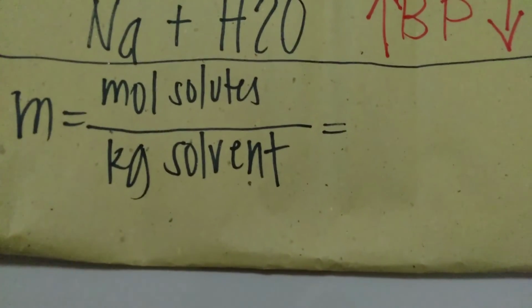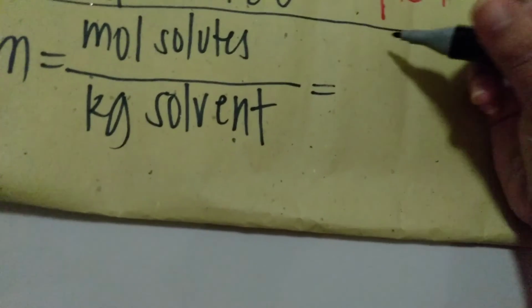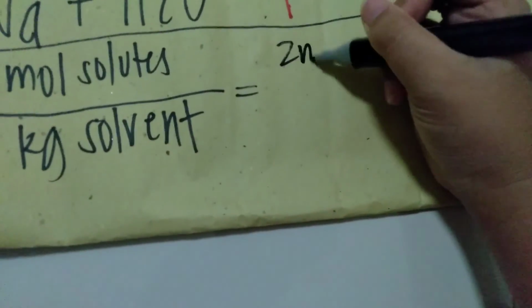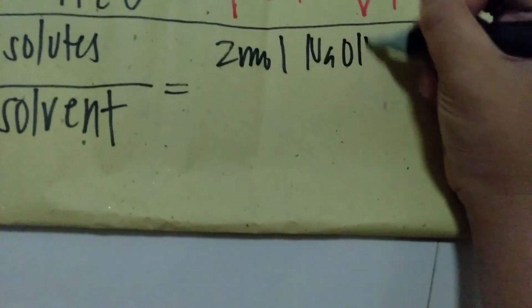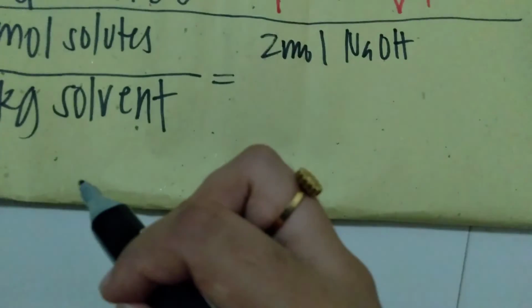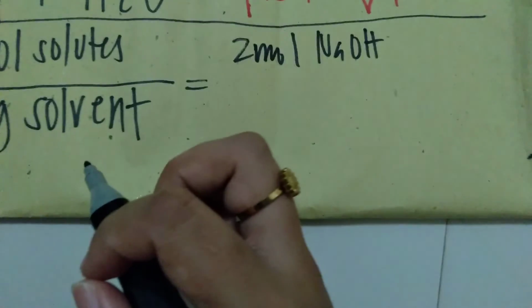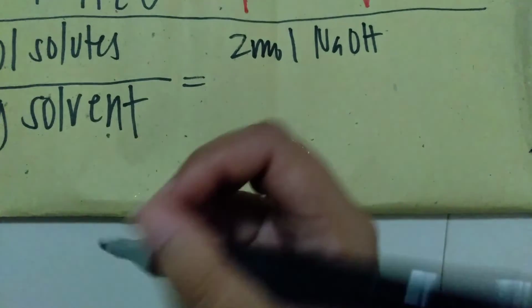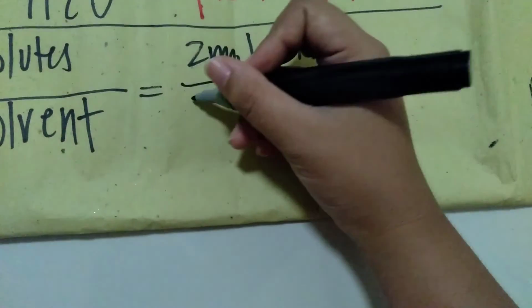To get the molality, the moles of solute is 2 moles, and our solvent is in grams, so we have to convert the 500 grams into kilograms, which is 500 divided by 1000 is equal to 0.5 kilograms.